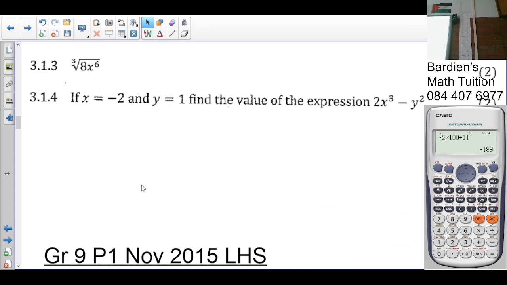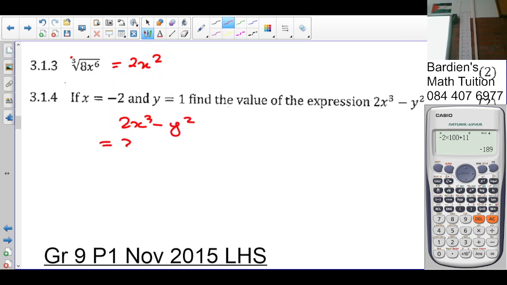The next one. What's the cube root of 8? 2. X, 6 divided by 3? 2. Next. If x is equal to minus 2 and y is equal to 1, find the value of the expression 2x cubed minus y squared. So it's 2. What is x?